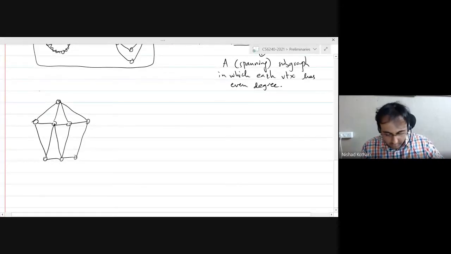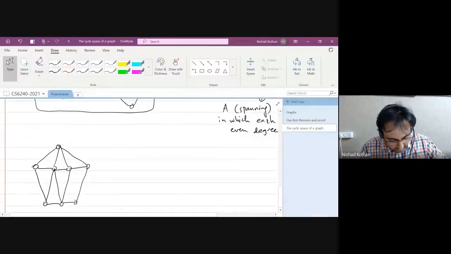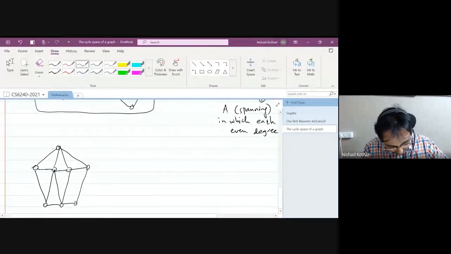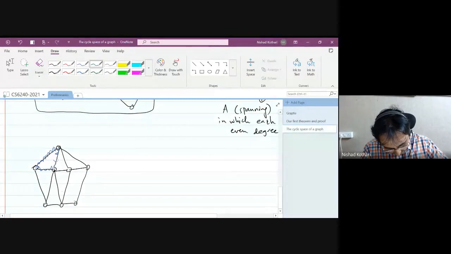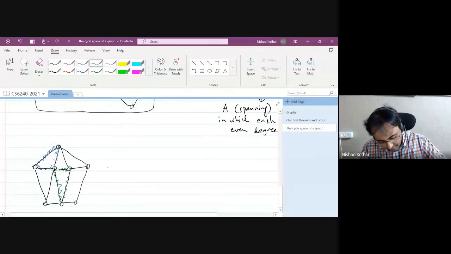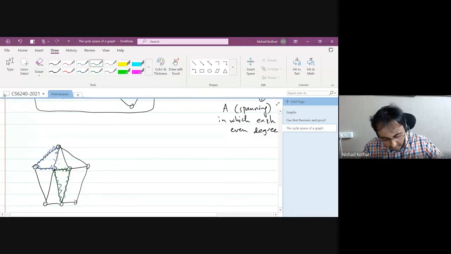Supposing I take 2 cycles here. Let's say I take the blue colored cycle and the green colored cycle. The symmetric difference is going to be the union of these two because they have nothing in common, right?